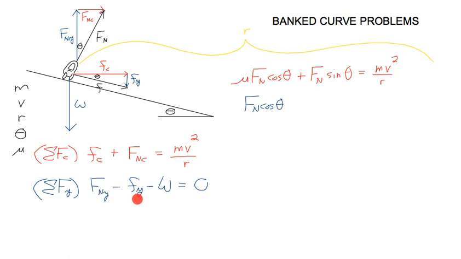Now it says minus Fy. So Fy is right there. That's opposite this angle. So I could replace it with F times the sine of the angle, but again, I'm going to replace friction with mu Fn. So my equation is going to be minus mu Fn sine of theta, and that's going to equal, I'm going to take the W, because I want them to sort of look the same.